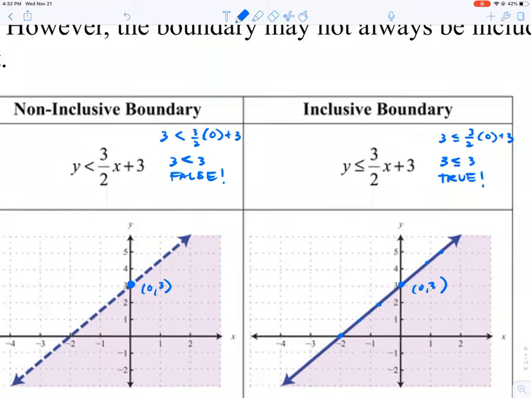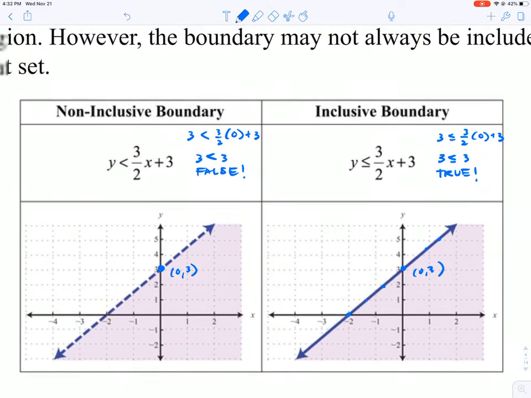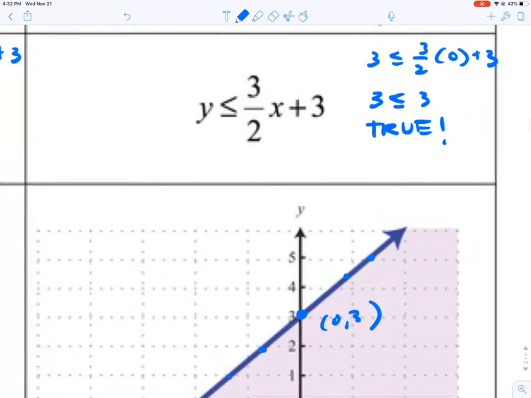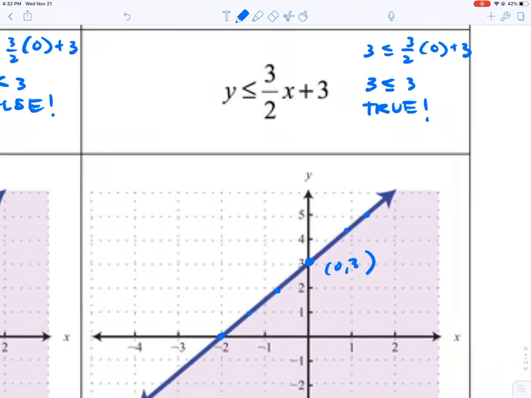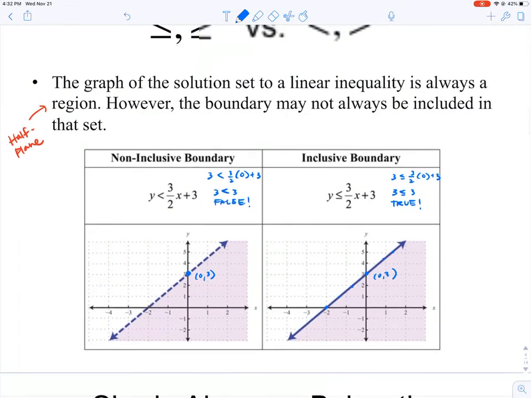If it's strictly less than or strictly greater than, you use a dashed line to represent that the boundary line is not included in the solution set. But if it's greater than or equal to or less than or equal to, then you draw a solid boundary line to represent that the points on the boundary line are part of the solution set.